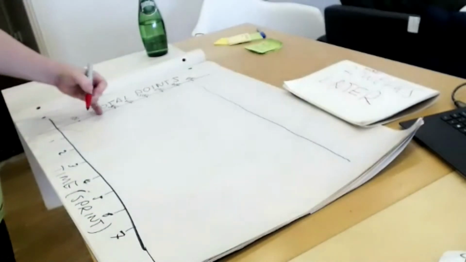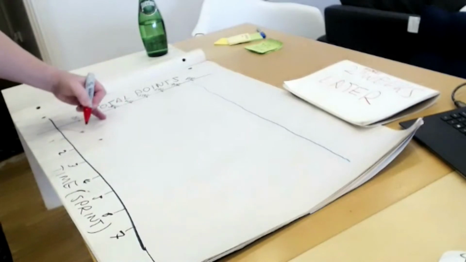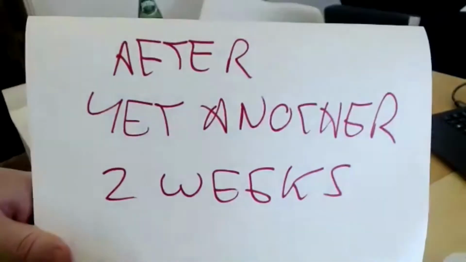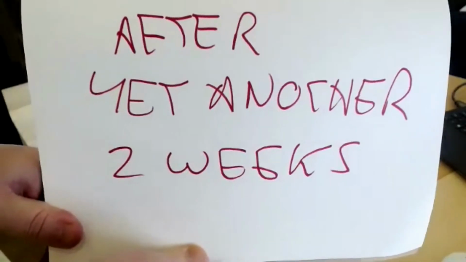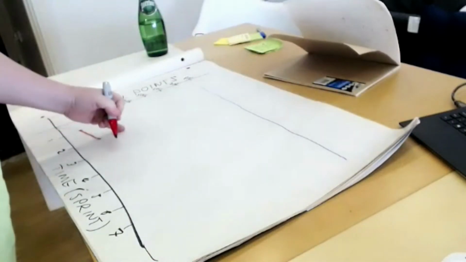And after another sprint, we can add more progress, so not quite so much done this sprint. And so 2 weeks after that, we've got more progress. We can mark that progress on.